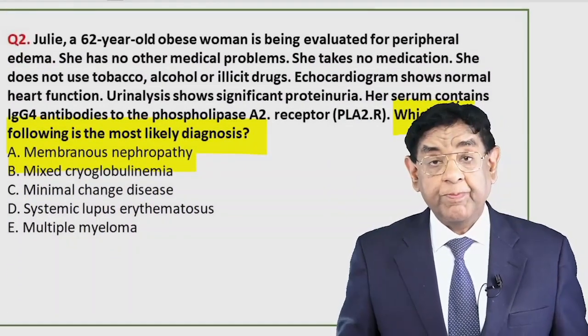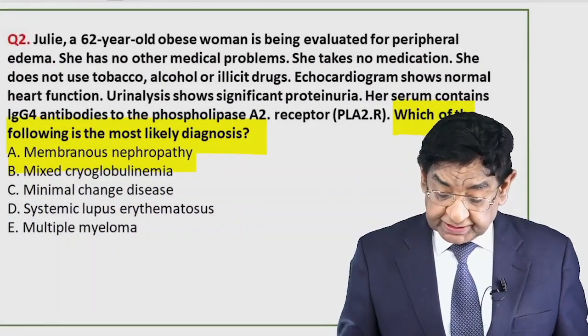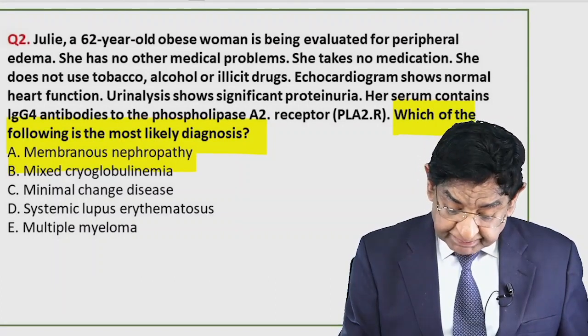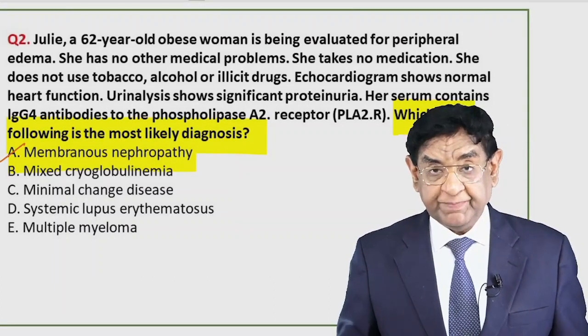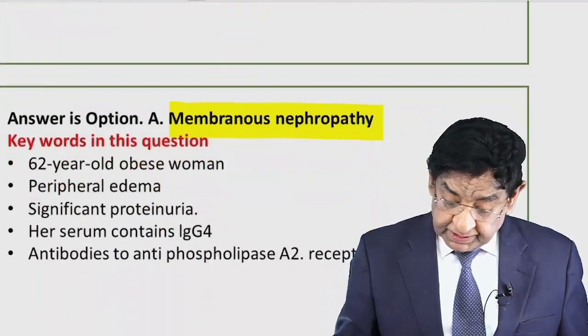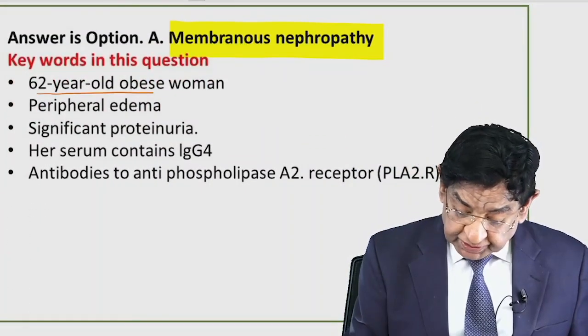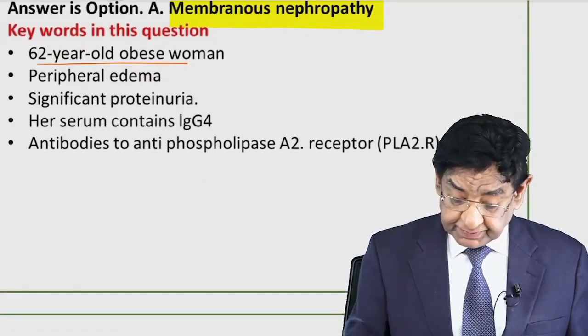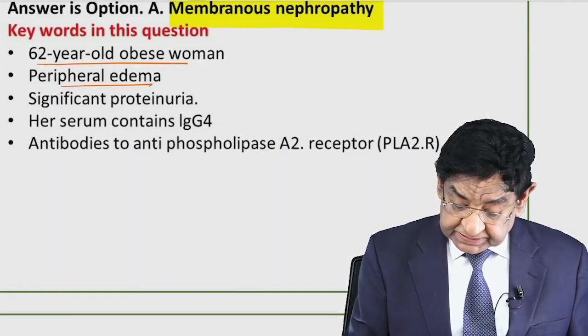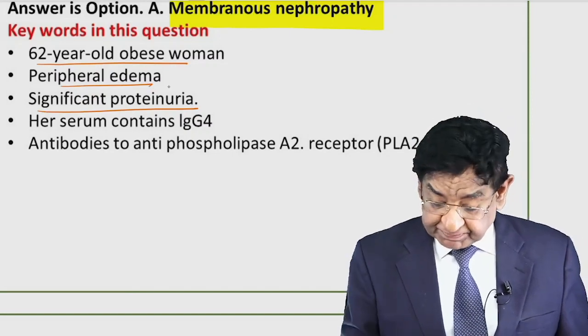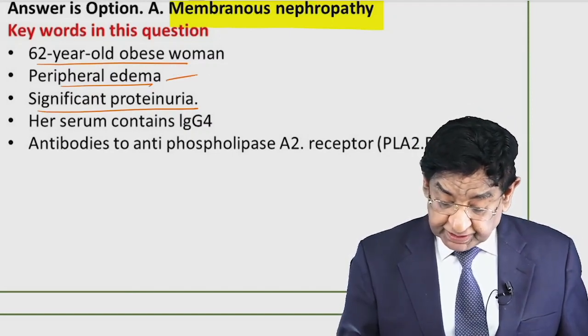Question 2. We get a 62-year-old obese woman. The answer is membranous nephropathy. Keywords in this question are 62-year-old obese woman, edema, significant proteinuria, which explains why the patient has proteinuria.